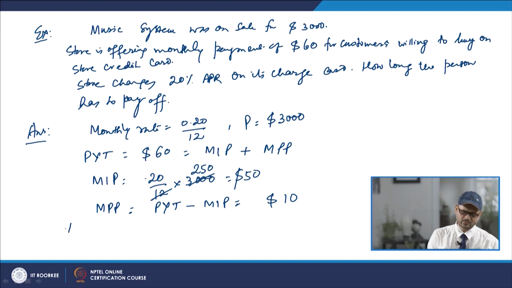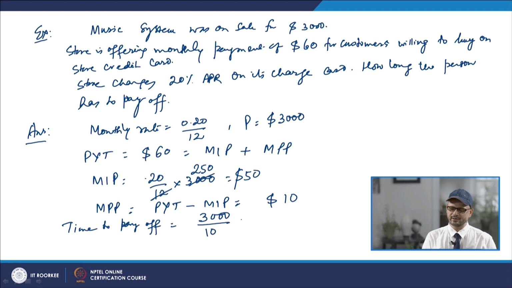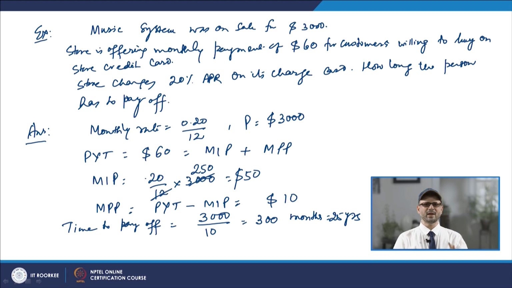So the time to pay off will be 3000 divided by 10, which is 300 months. It means it will take 25 years to completely pay off this $3000.